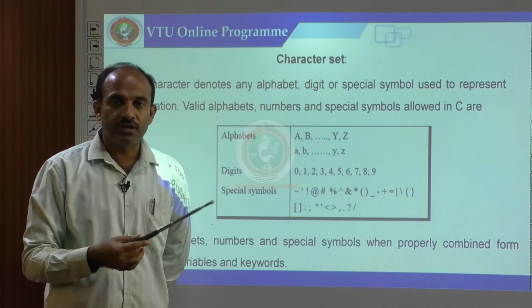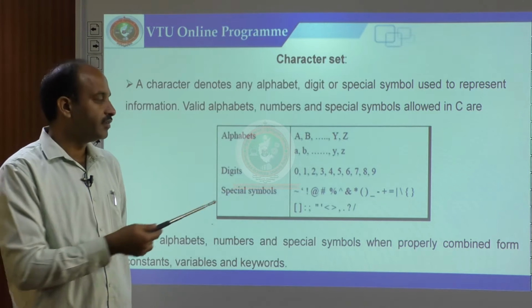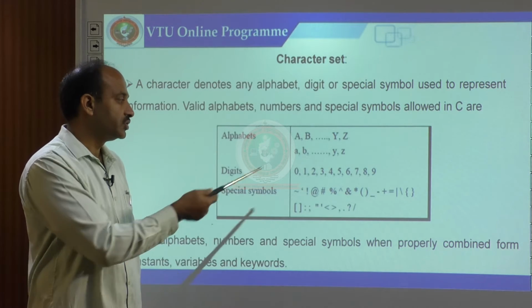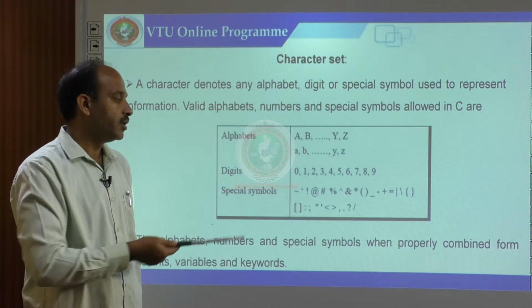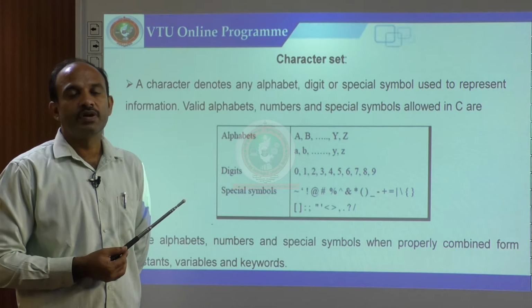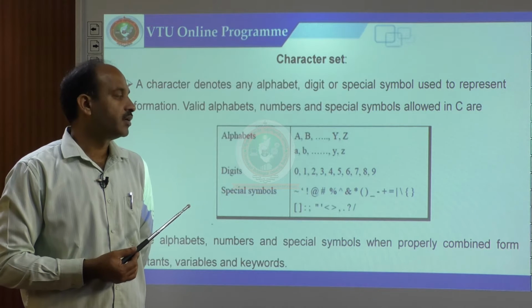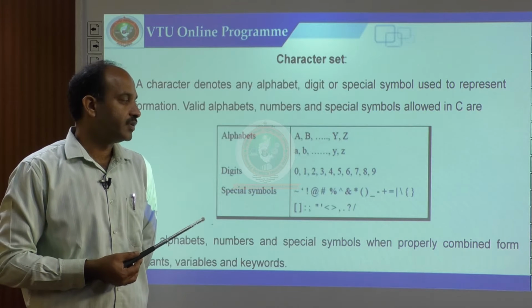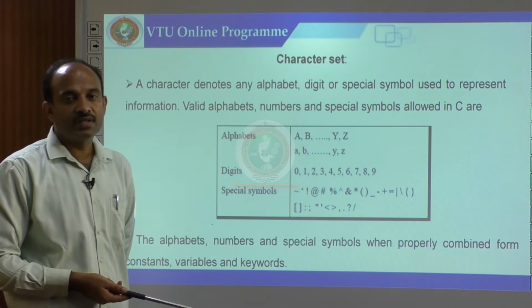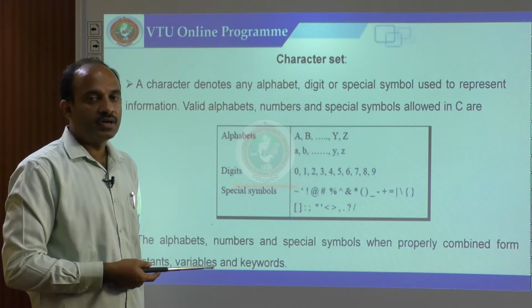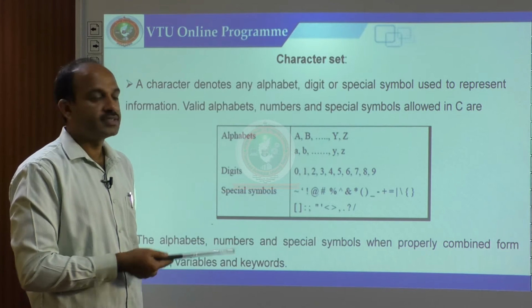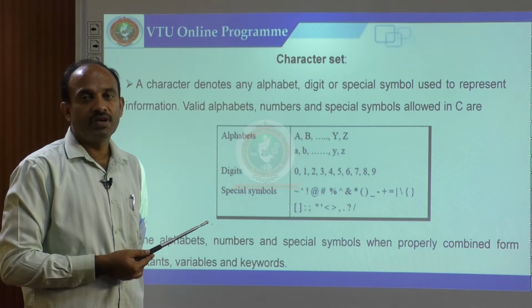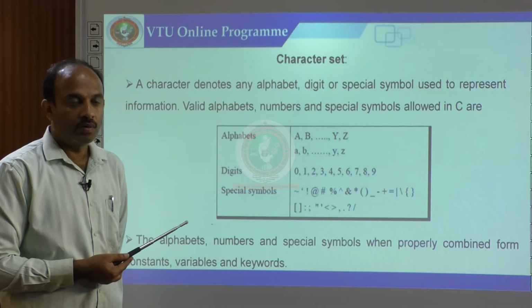Maybe it is a single digit, and you can use 11, 12, any digits in between. Then special symbols are period, colon, semicolon, asterisk, parenthesis, ampersand, greater than, less than. These are all the different symbols we use as special symbols when we are writing our program.